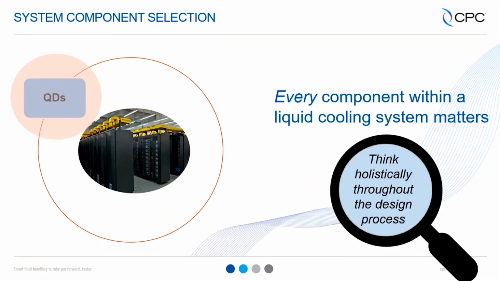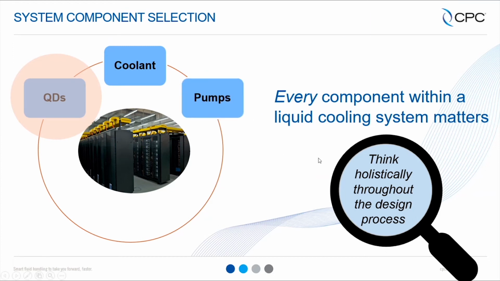So supporting that liquid cooling architecture, there's a variety of subsystems and components that are really critical to successful and reliable operation of the cooling system. The components themselves, as well as interactions and dependencies between them, warrant detailed analysis during design and specification. So starting with the coolant, there's considerations to be made around certain additives that might be needed to ward off corrosion, biofouling, et cetera. Viscosity and specific gravity are certainly going to play into considerations around pumping power, and certainly the reliability and redundancy of the pumps are going to be key.